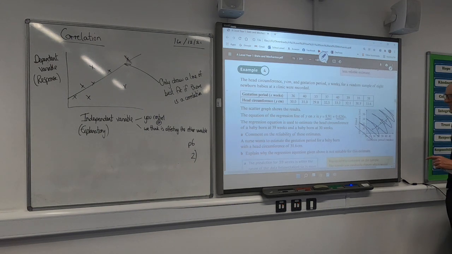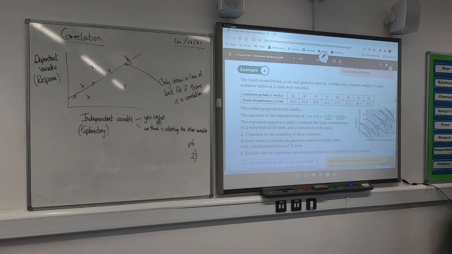So what does 0.624 tell us? The gradient of 0.624. What do you reckon, Grace? What does a gradient of 0.624 tell us happens every time we move along one unit on the x-axis?